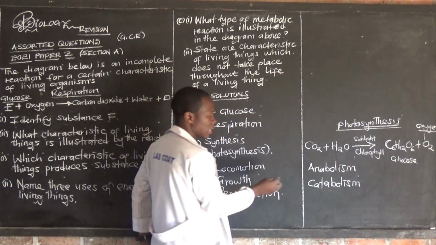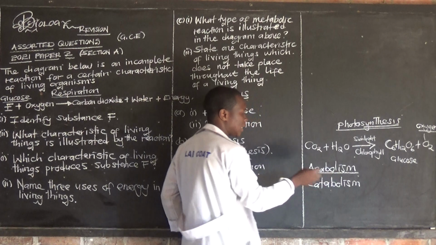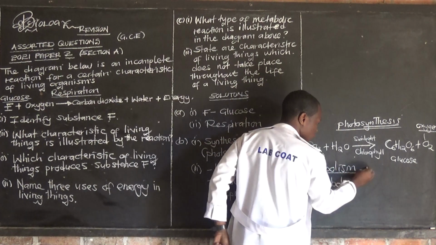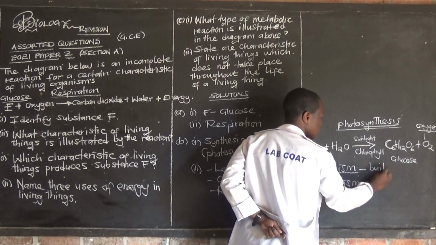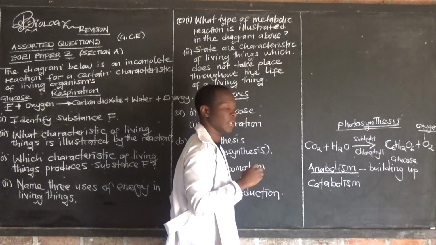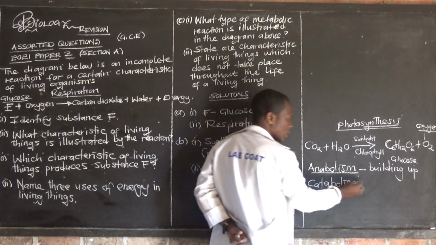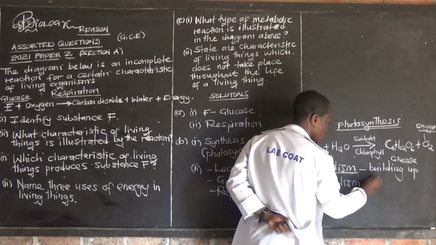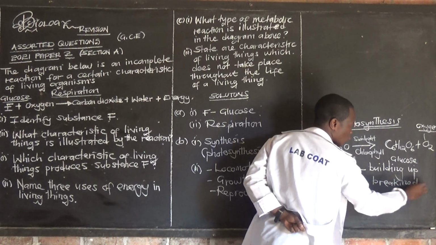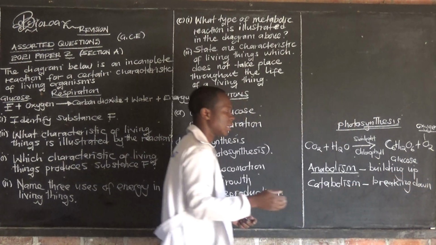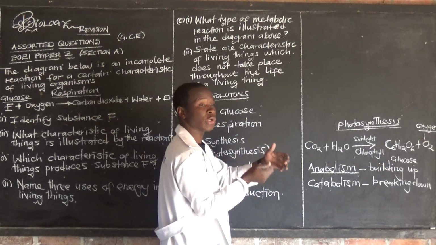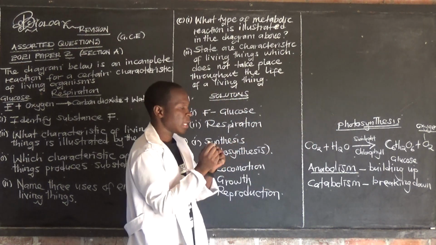Anabolism is a type of metabolism which involves building up. Then catabolism involves the breaking down of complex molecules into simpler, smaller ones.